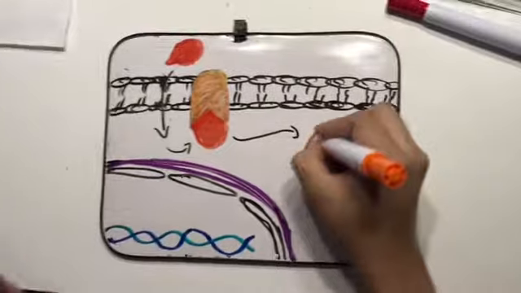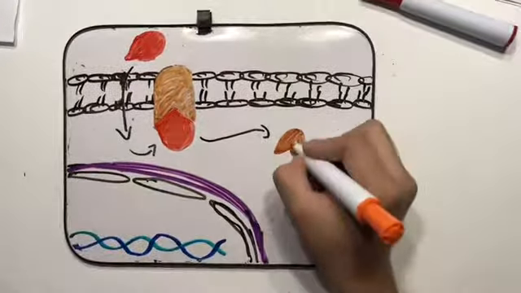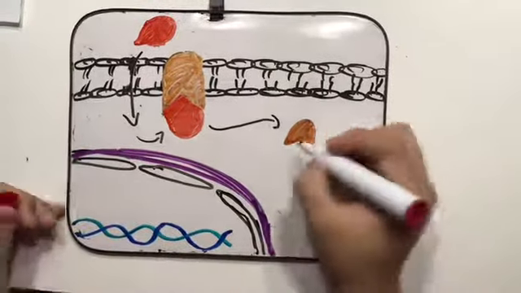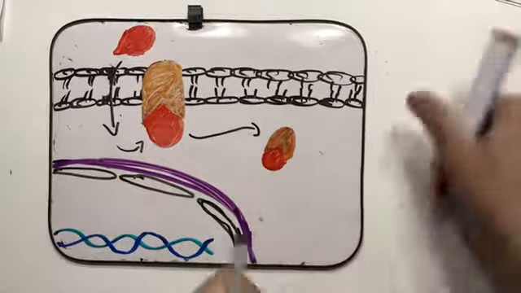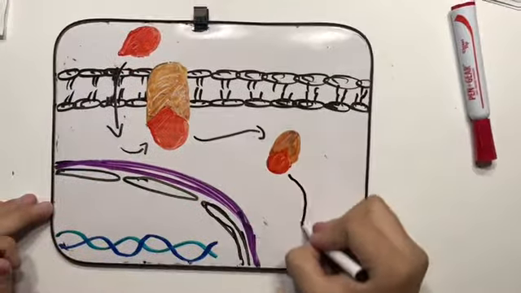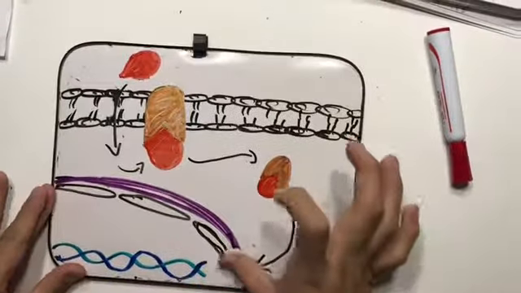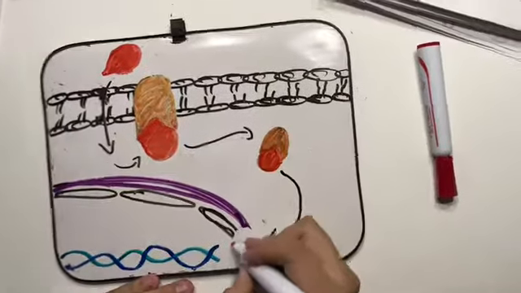Once it becomes activated and turns into a signaling factor, it travels throughout the cell to go to the nucleus, as shown. Once it gets to the nucleus, it goes on to attach itself to the DNA.